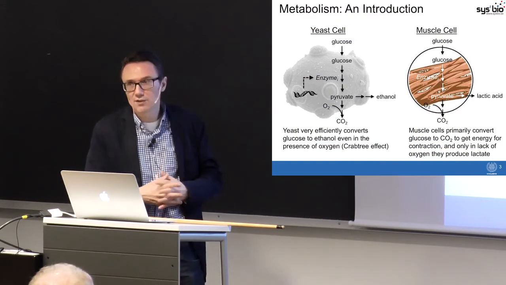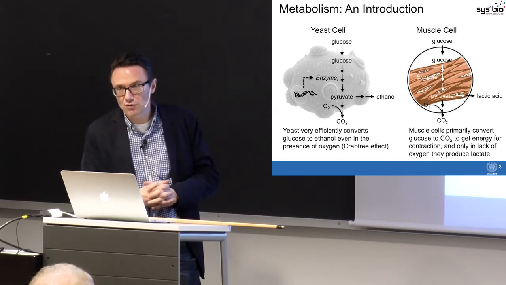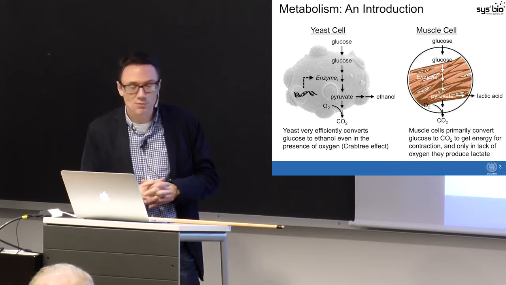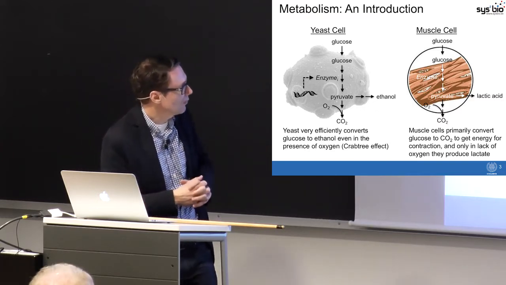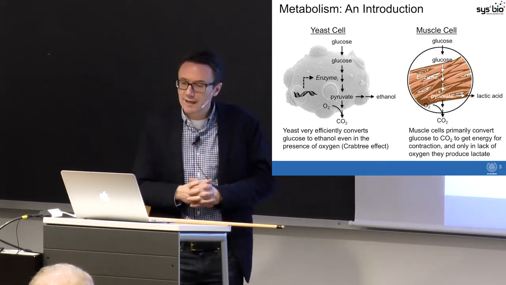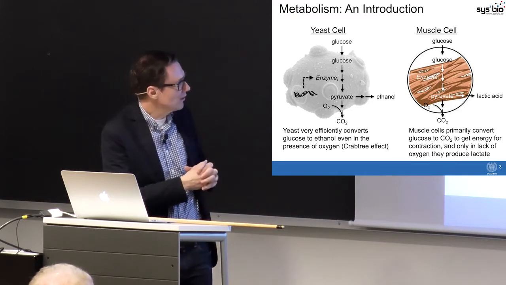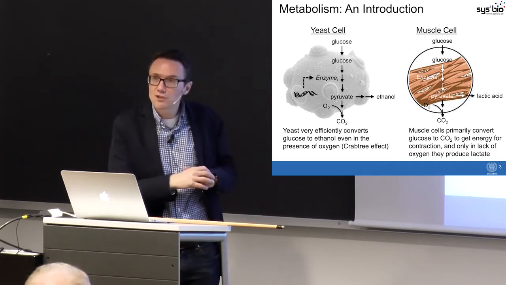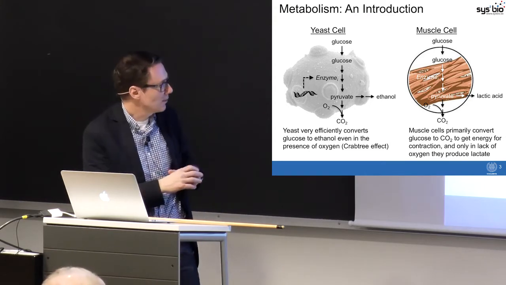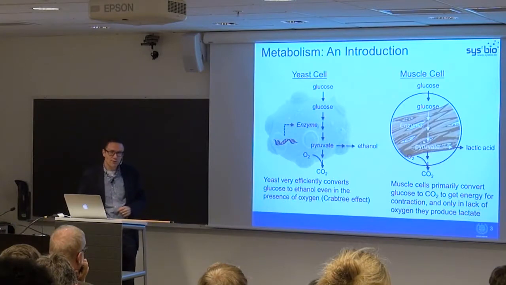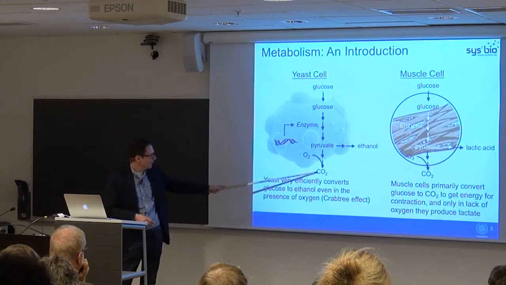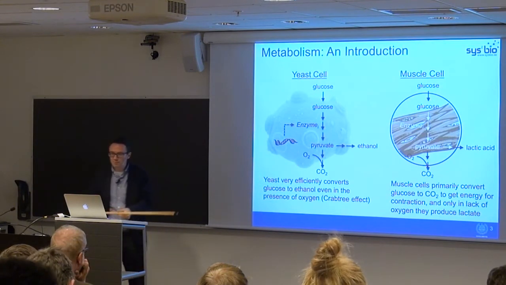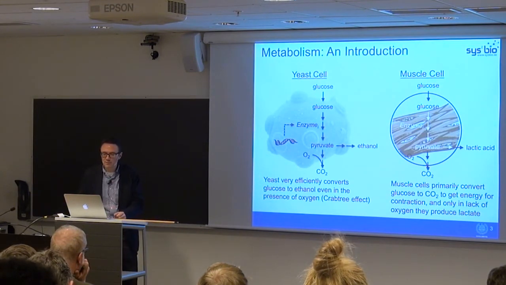Yeast also has the ability to respire glucose completely to CO2, but it doesn't do that in excess glucose conditions. There it prefers to send most of the glucose to ethanol. And understanding the overall regulation of how the metabolism is split between these two is quite interesting because, as I'll come back to, much more energy is of course harvested when you oxidize the pyruvate completely to CO2 compared with when you produce lactic acid or ethanol.